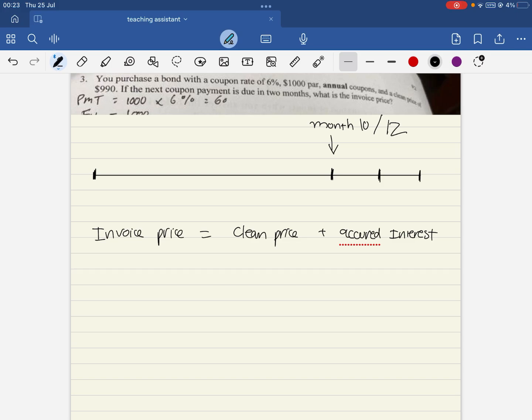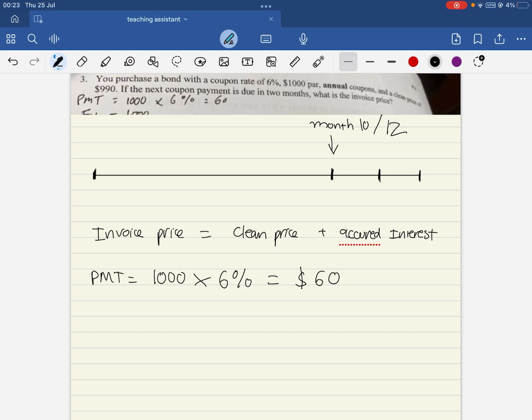So what is the accrued interest? As we can see, the coupon rate is 6% of the par value. So the payment is supposed to be 1,000 times 6%, which is equal to $60. Next, what is the accrued interest?